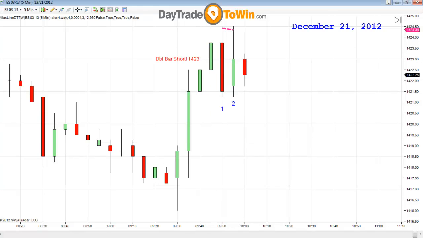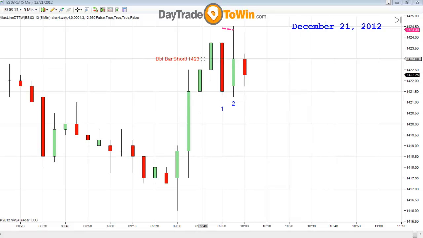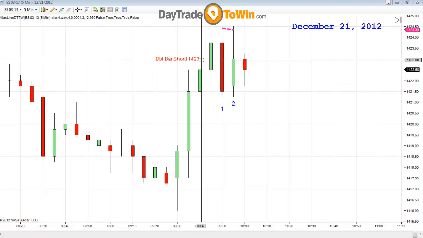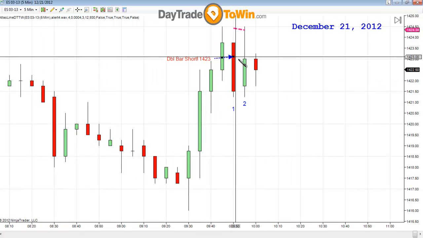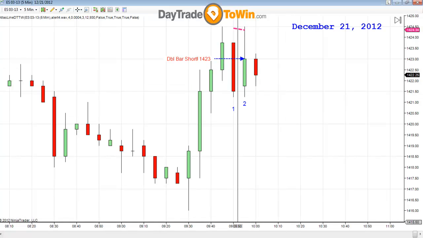The entry is the close of the second candle. The close of the second candle happens to be 14.23. That's the entry to go short. All right, anyone have any questions?